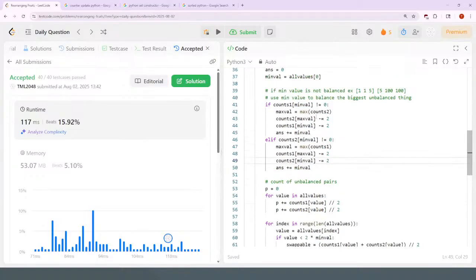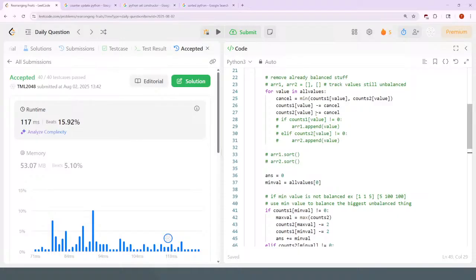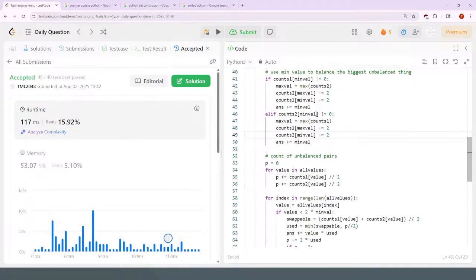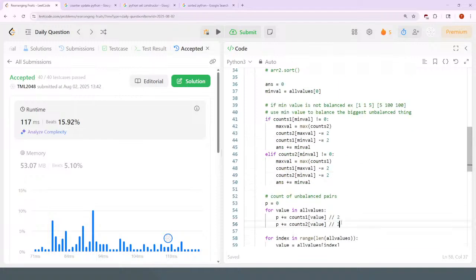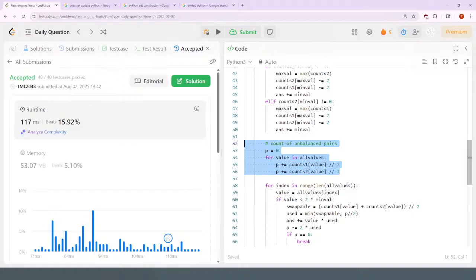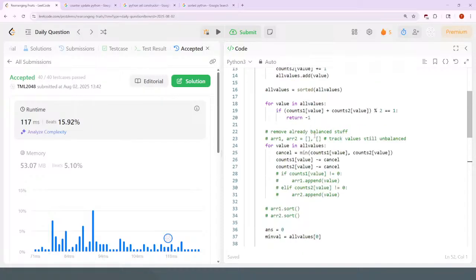So now, okay, I think this part I could also do within the other iteration for values. Remove unbalanced stuff.